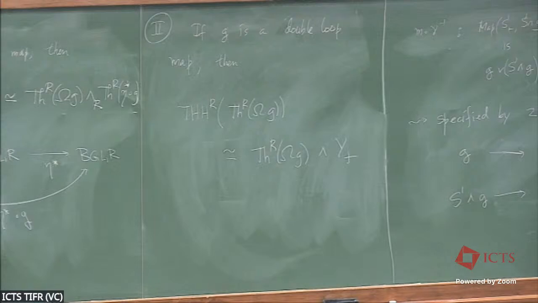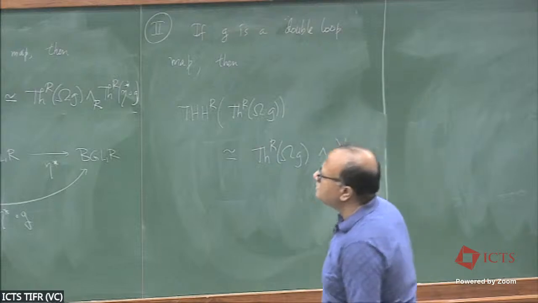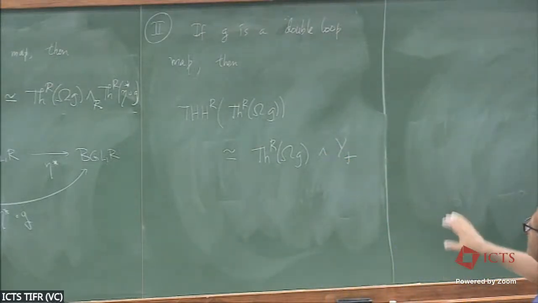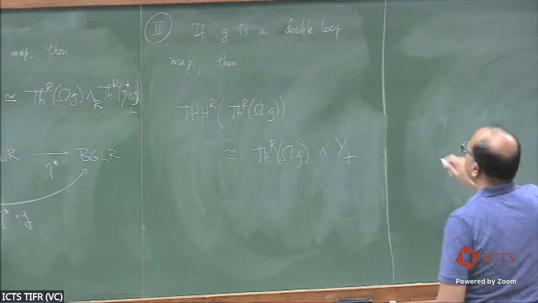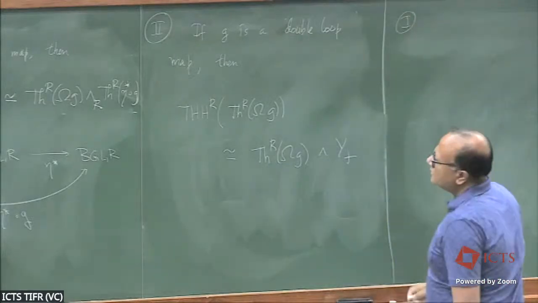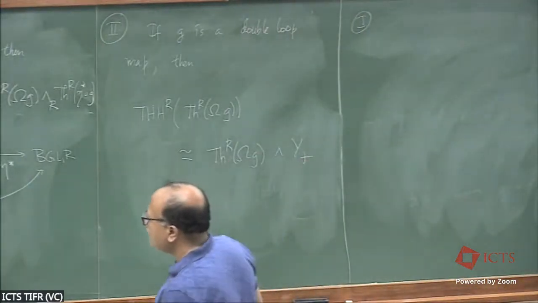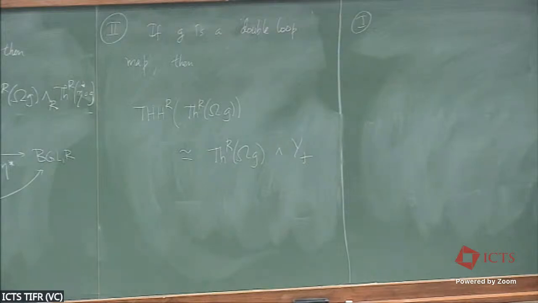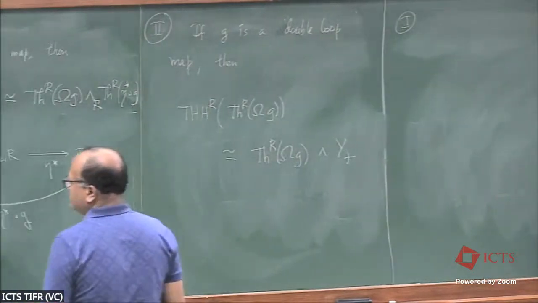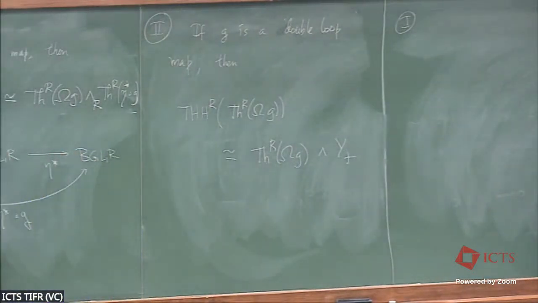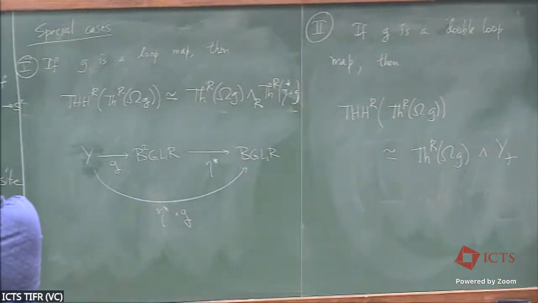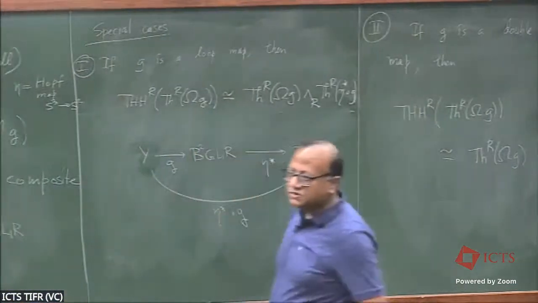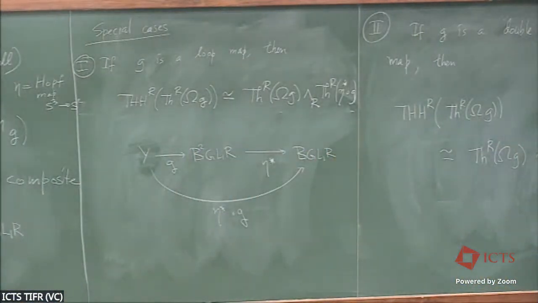Okay, so let's see why these things are true. So how does one observe these cases? So for the case 1, we look at the formula. And the important thing in this formula is this splitting here: L B squared GL1R is BGL1R cross B squared GL1R. And what does this splitting rely upon?